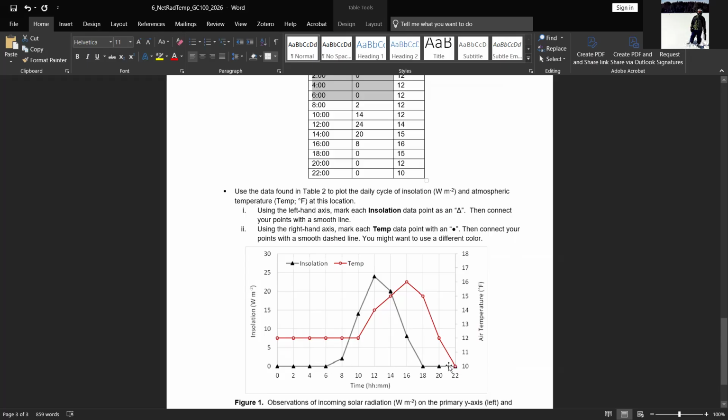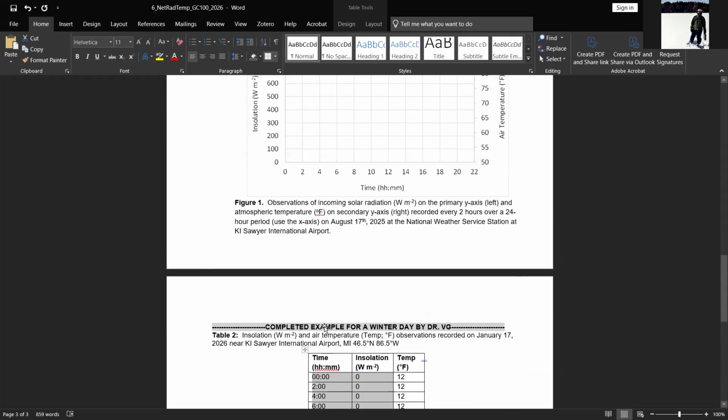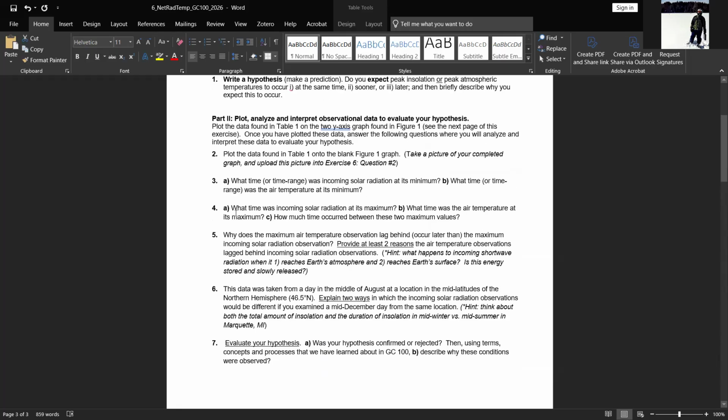So you could either do a singular point, the lowest or highest value, or if it occurs across a range, you can describe that range. So now moving on, questions 3 and 4 were identifying the time when these peaks and valleys, highs and lows, occurred.